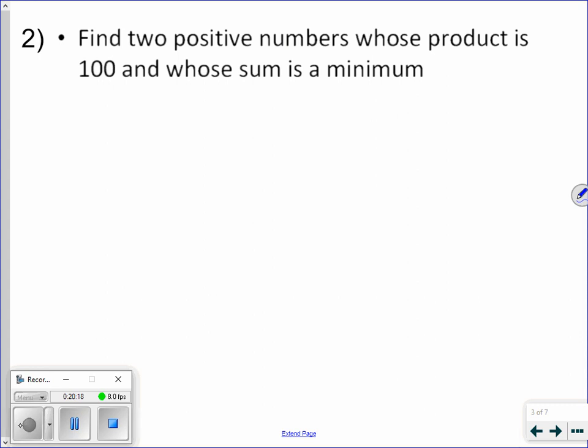All right, so let's try to break it down again. It says find two positive numbers whose product is 100 and whose sum is a minimum. Okay, so start with finding that minimum or maximum word and identify what we are trying to minimize or maximize. In this case, we are trying to minimize the sum. We're trying to figure out the smallest sum given the condition that the product is equal to 100.